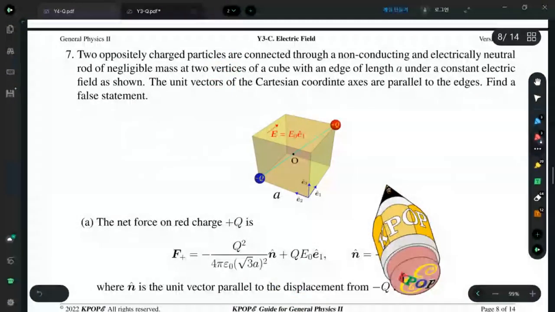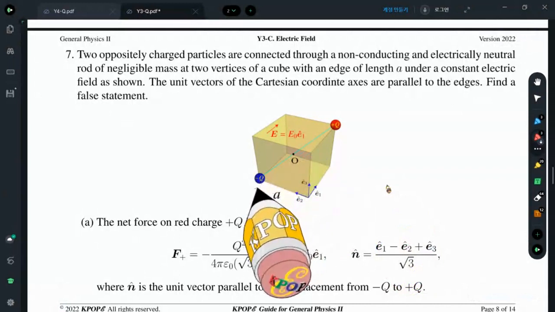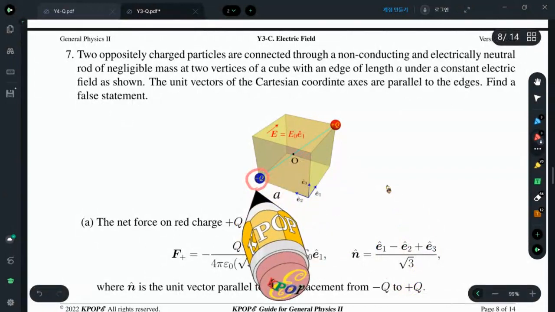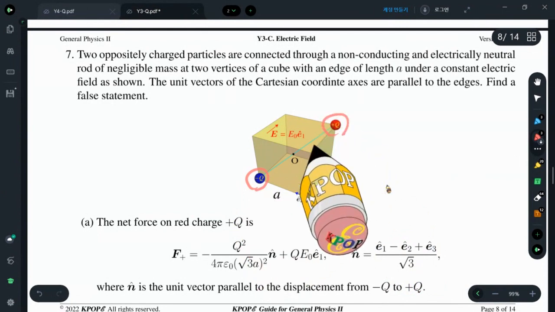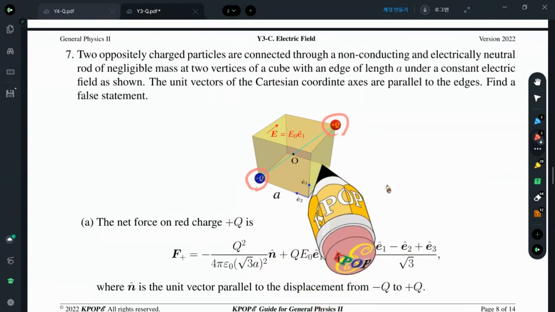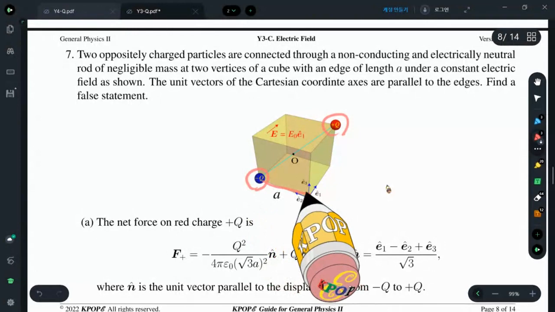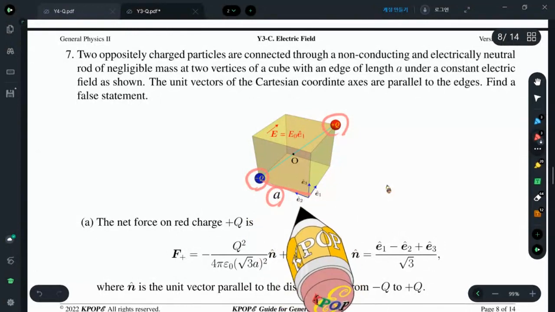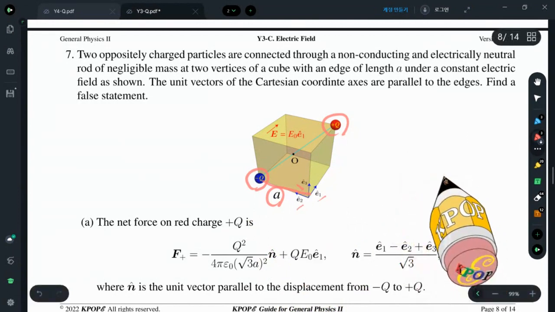Next, we consider the electric dipole. We have negative charge minus Q at one edge, and at the opposite edge we have a positive charge Q. The length of each edge is a, and we have listed the basis vectors for the Cartesian coordinates.